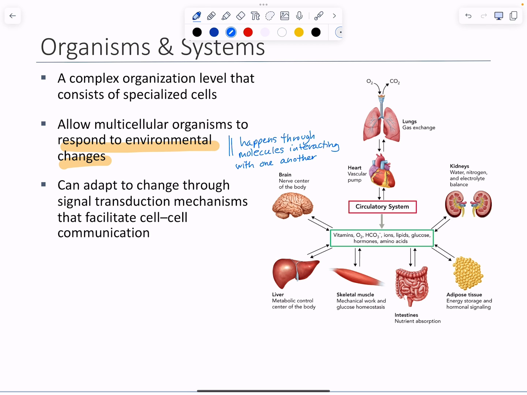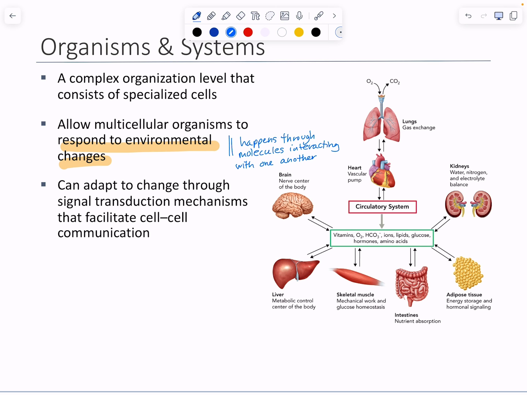So the structural features and the regulatory features that we talk about are going to confer the possibility of having this type of organizational structure within an organism. Even our ability to detect pressure, right?